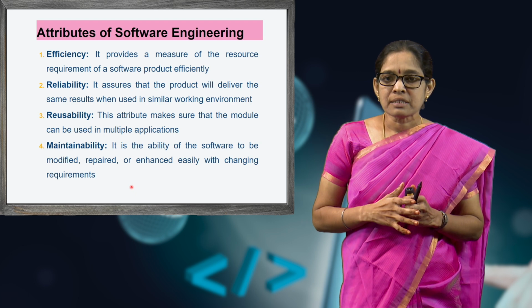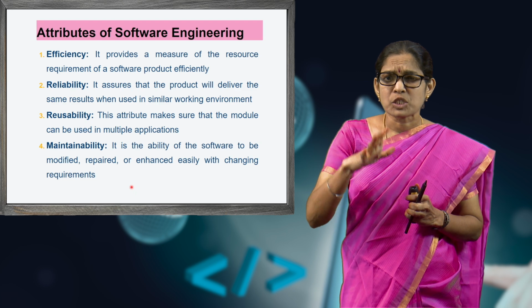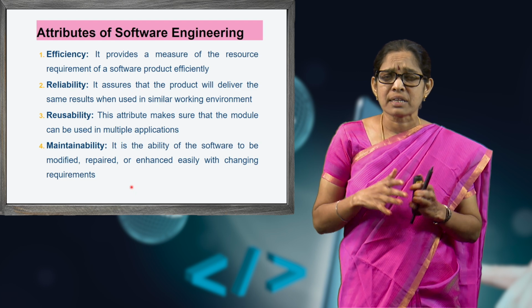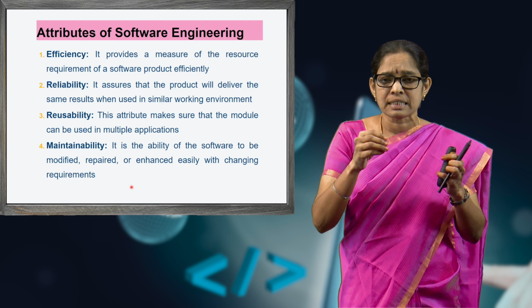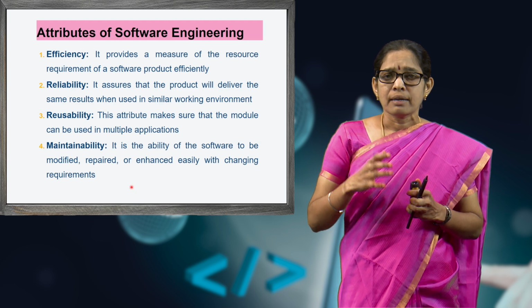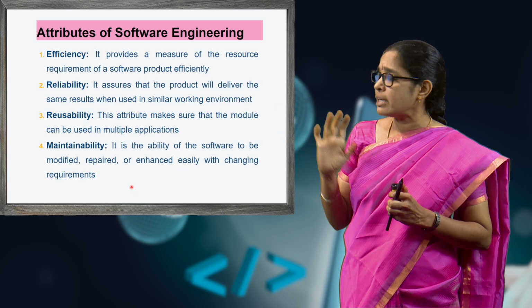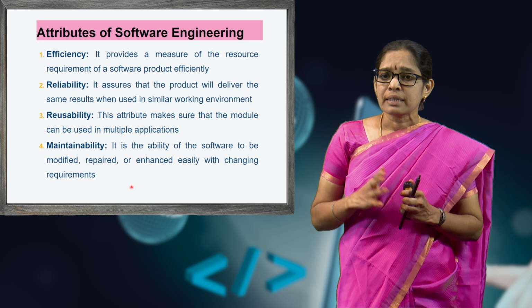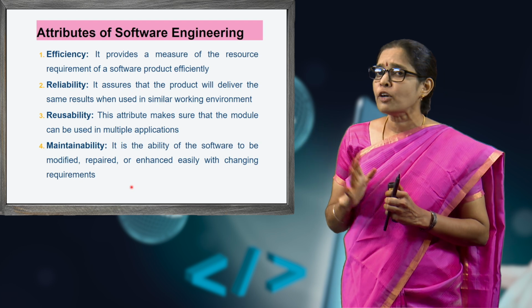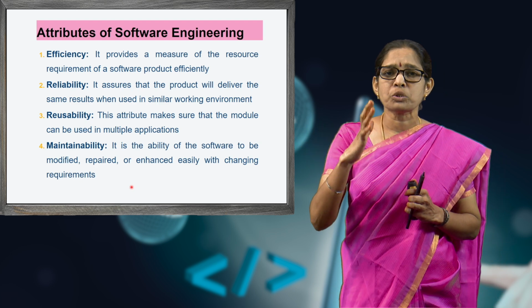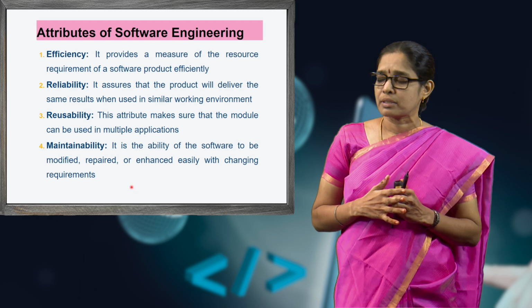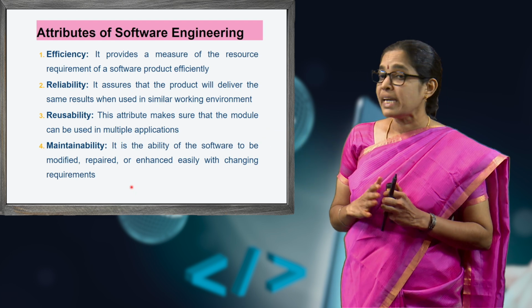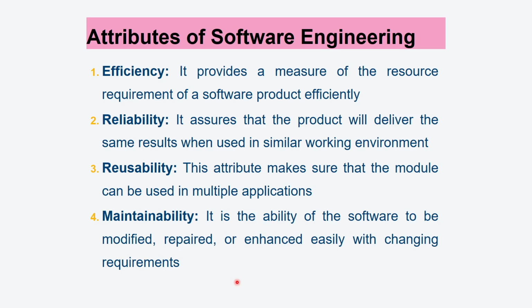Then reliability means it assures that software delivers the same result while we use it in a similar working environment. Then the third one is reusability. It makes sure that the predefined module can be used in multiple applications. Then finally, maintainability. It is the ability of the software to be modified, repaired or enhanced easily while the requirements change.